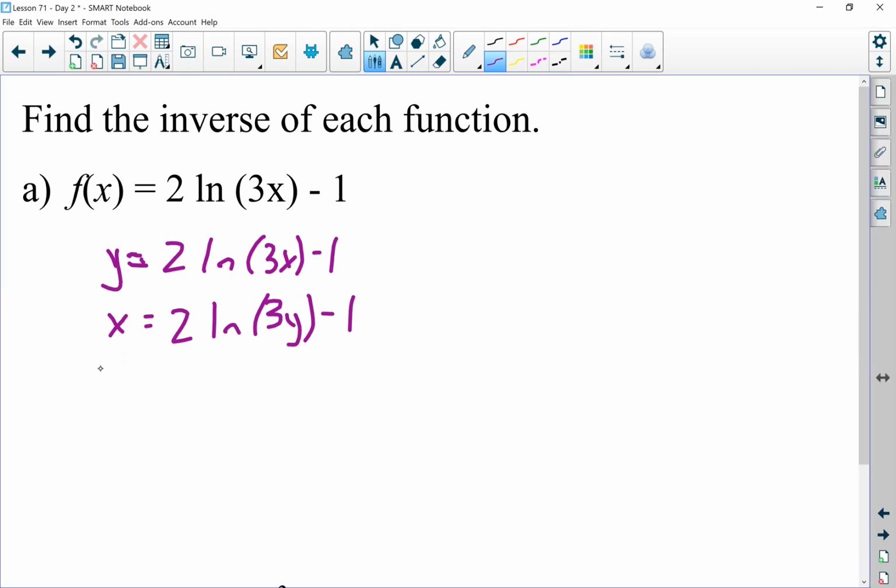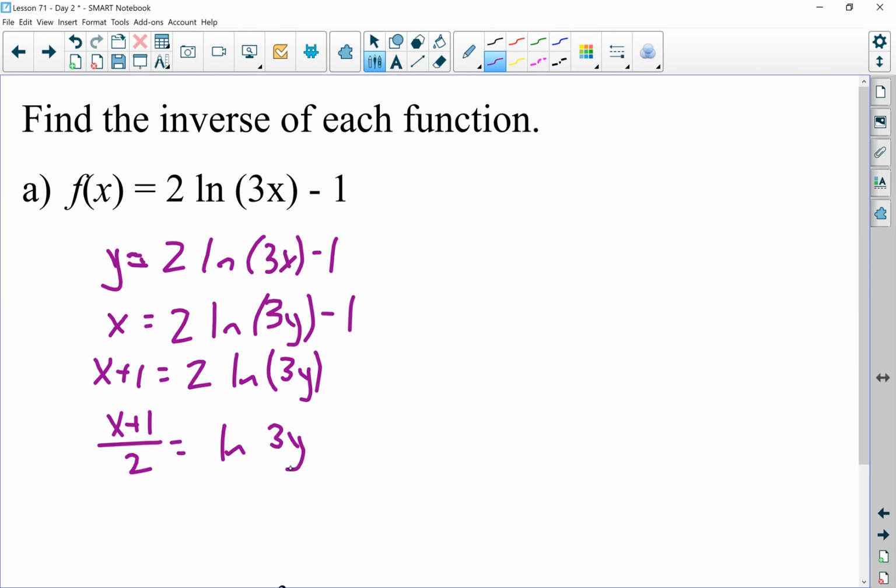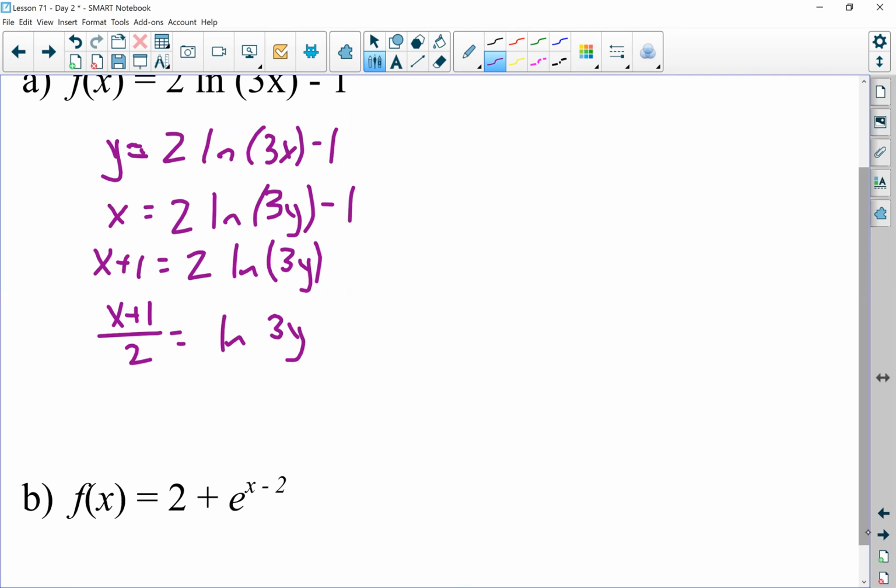I would add 1 to both sides. Divide by 2. The ln, remember that's log base e.